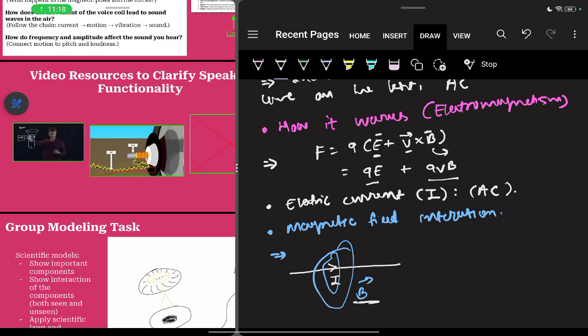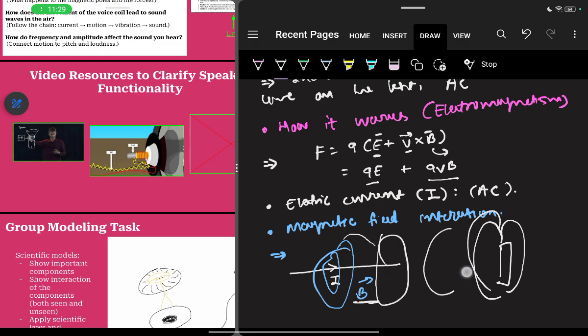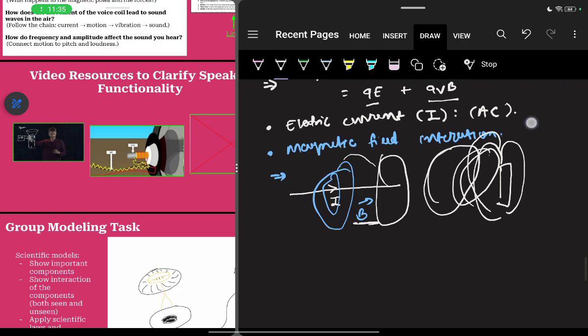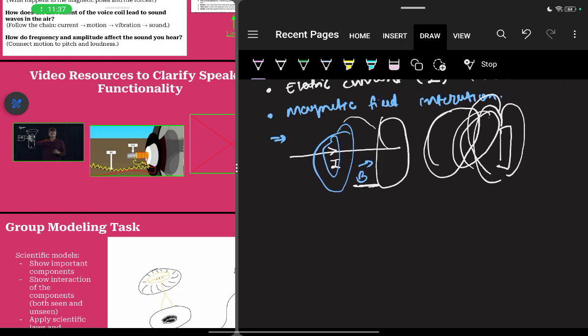And a magnet has its magnetic field, right? This is our magnet, let's say. So it has its magnetic field. So this magnetic field, this current's magnetic field actually interacts with this one, okay? This permanent magnet's magnetic field. That is what is going on here. That's why it is called electromagnetic interaction.